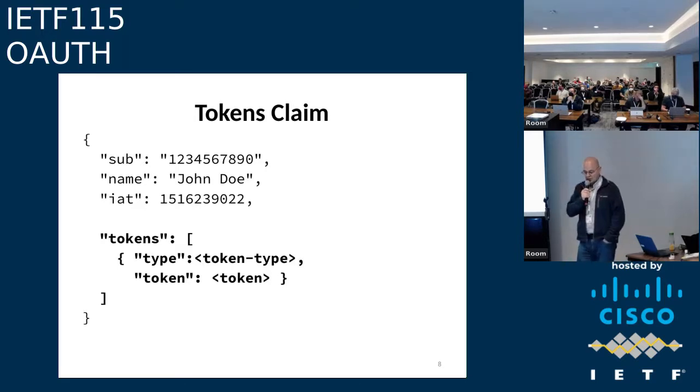In this case, we're talking about a type to indicate the type of token and the token itself. So this is a generic structure that will allow us to address multiple or different use cases. Next slide, please.